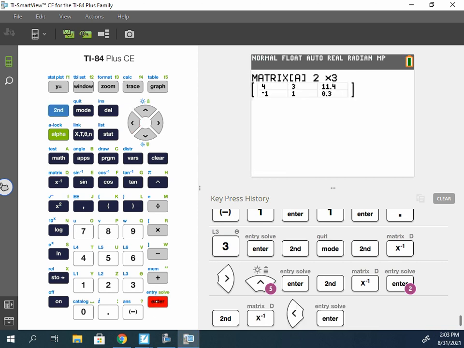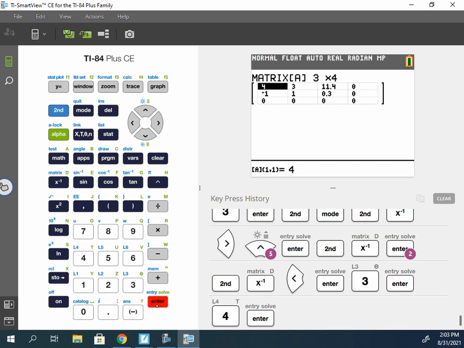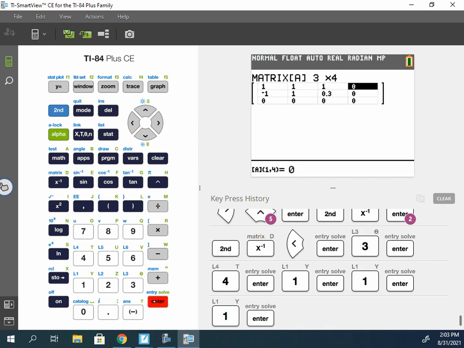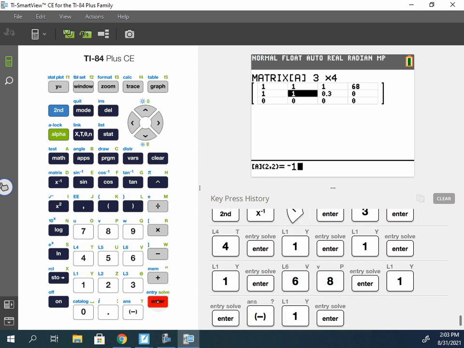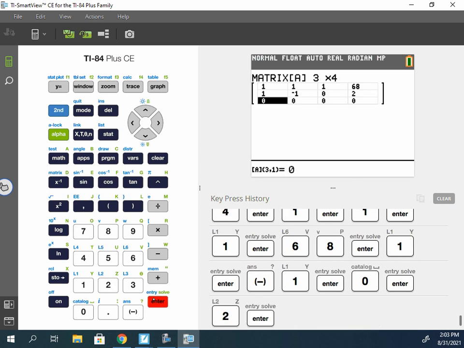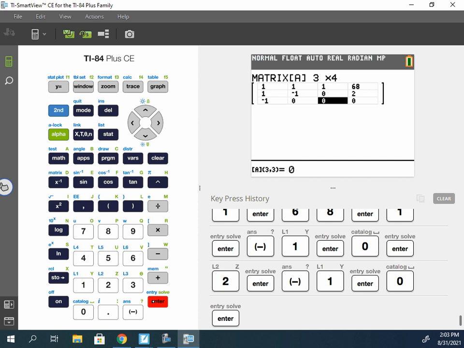Now I don't have a 2 by 3 anymore, I have a 3 by 4. And we would have 1, 1, 1, and the total. And the next one, 1, enter, negative 1, enter, 0, enter, 2. Then we had negative 1, enter, 0, enter, 1, enter, 4.